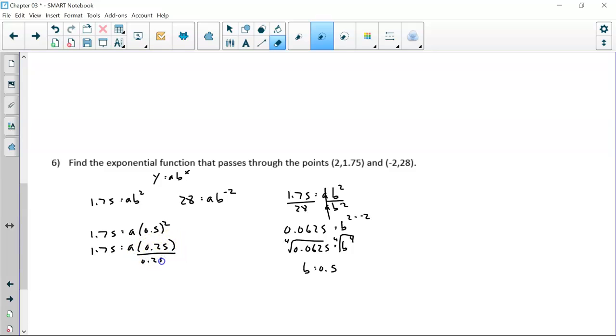Divide both sides by 0.25. A equals 7. So y equals 7 times 0.5 to the x. And there is our exponential function. And that's a way to solve these when you're undoing that multiplication by dividing them. All right, thank you.